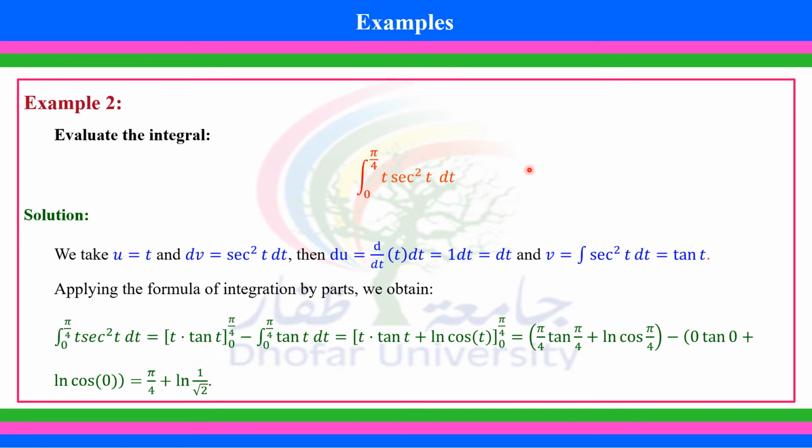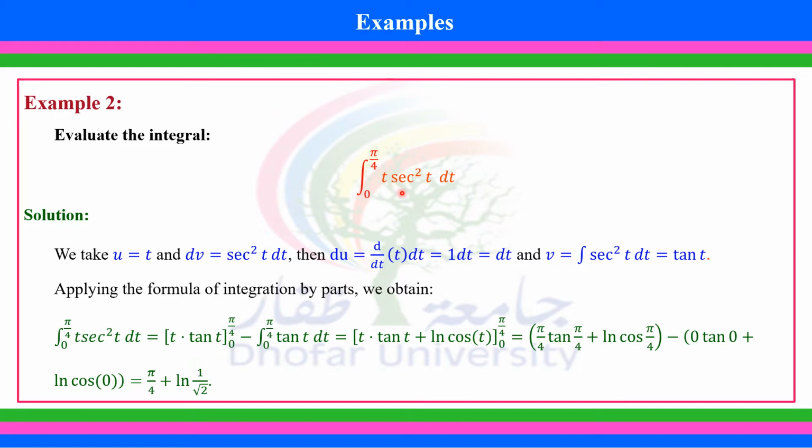Now we consider the second example, in which we evaluate the integral of t times secant square t with respect to t, for t from 0 to pi over 4. Here we again see that we can apply the method of integration by parts, because if we take u equal t, then du is just dt.